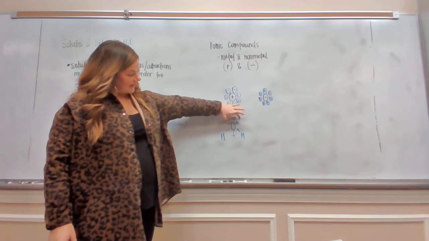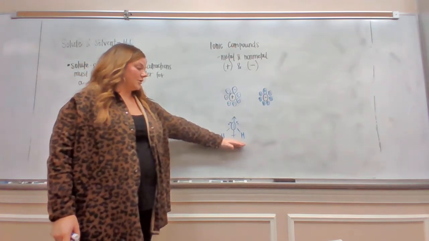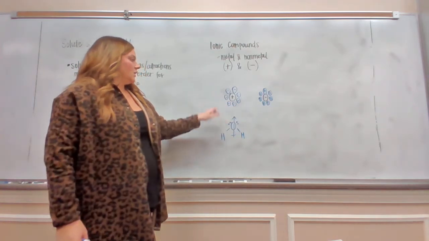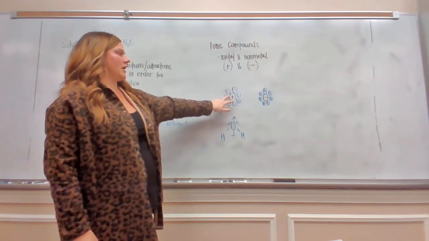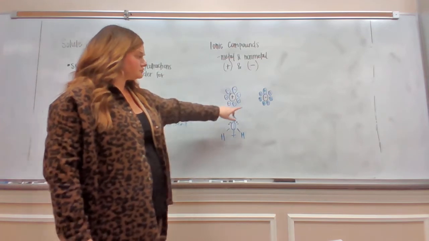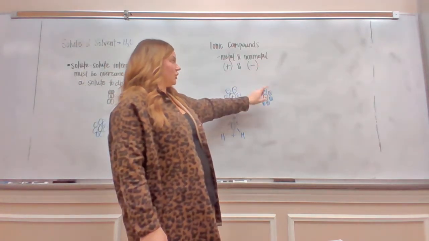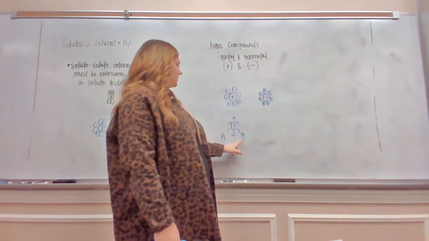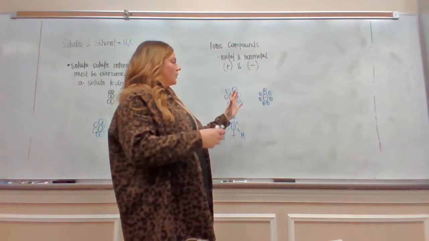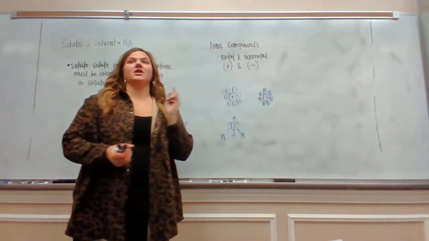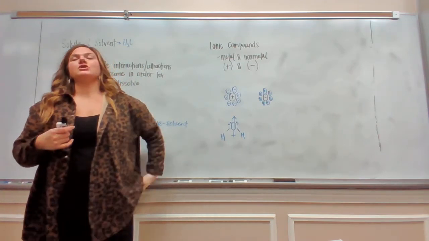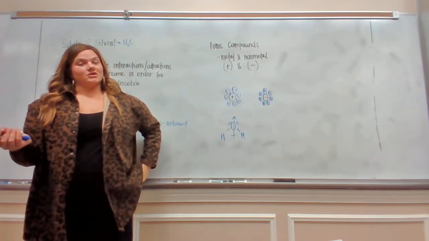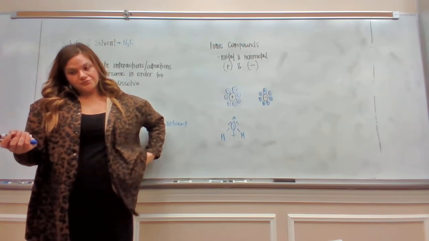So this is my negative pole, this is my positive pole. So oxygen is facing my positive charged metal. My negative charged non-metal is surrounded then by water, but it orients so that the hydrogen is right next to that negative charge because opposite charges attract.